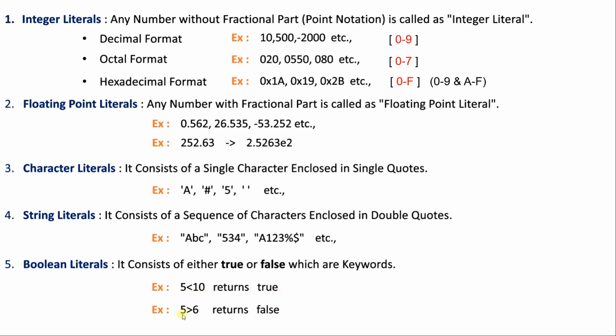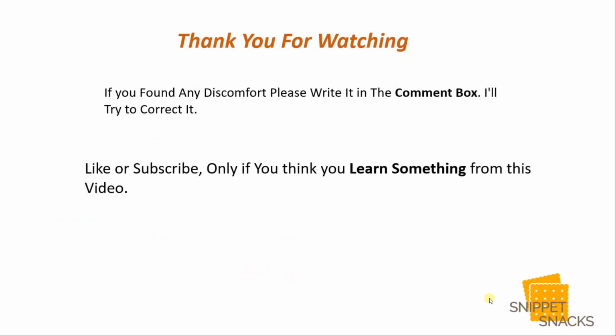Here this example is stating that 5 is greater than 6, which is false, and hence this expression returns false. These boolean literals are used in yes or no situations, where they consist of only two values, either true or false.